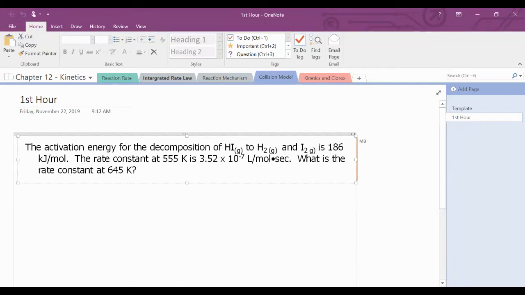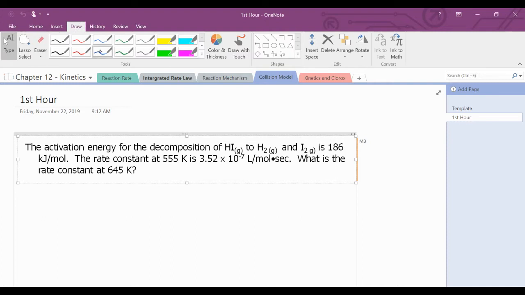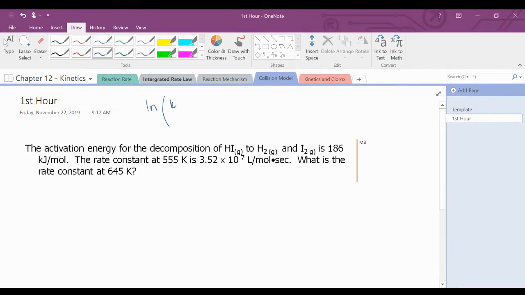Okay, so in this section of video, we want to look at solving equations with the Arrhenius equation. So I just want to rewrite the Arrhenius equation from our last set of videos. So we have the natural log of K2 over K1.